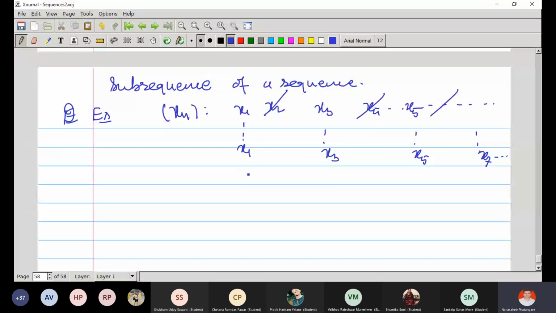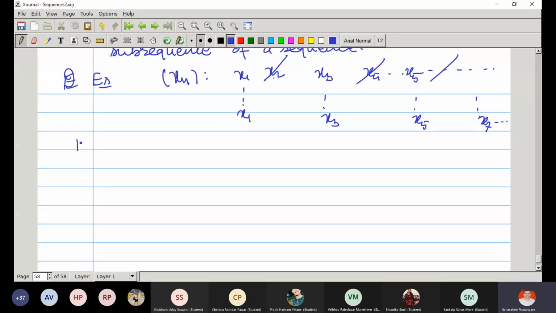Now, in the original sequence, x1 was the first term, x2 was the second term, x3 was the third term. But in this subsequence, what is the first term? Do you understand? Suppose when you were in school or assembly, you used to stand in a row.